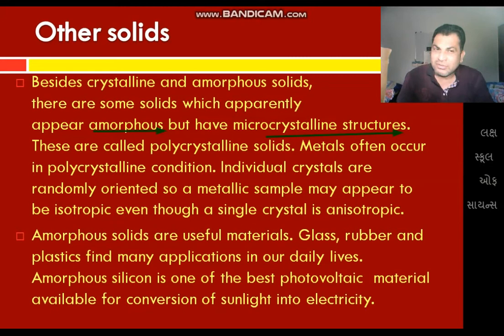So today polycrystalline solids are our new topic, and metals often occur in polycrystalline condition. Individual crystals are randomly oriented, so a metallic sample may appear to be isotropic even though a single crystal is anisotropic.